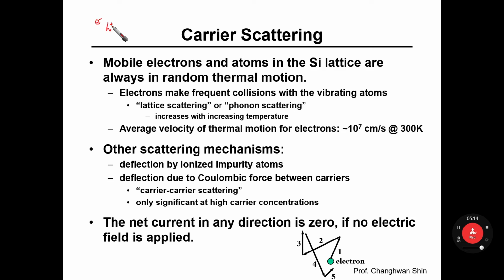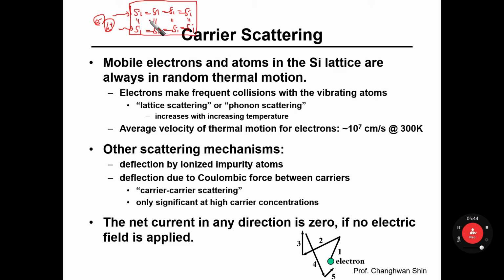A bunch of electrons and holes are created and they are moving. But what is the playground for them? Definitely crystalline silicon material. So in this playground, electrons and holes are moving around.